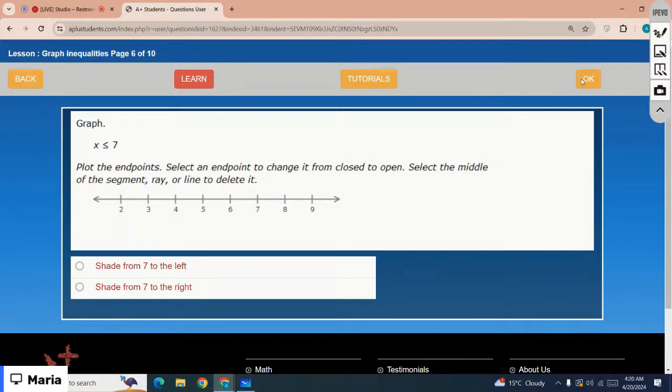The correct option is shade from 7 to the left. Okay, you can complete the lesson by yourself later today. Let me just move on to the next lesson.